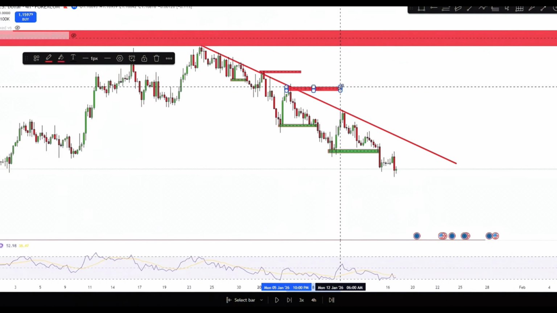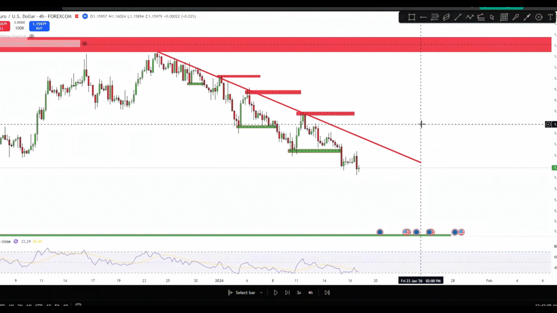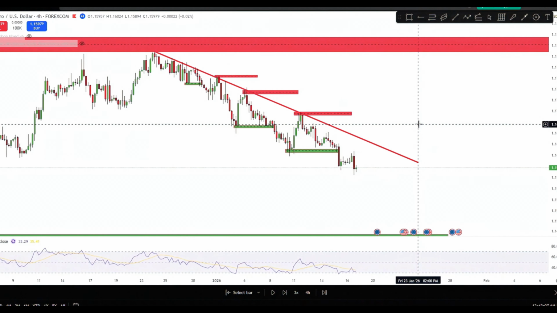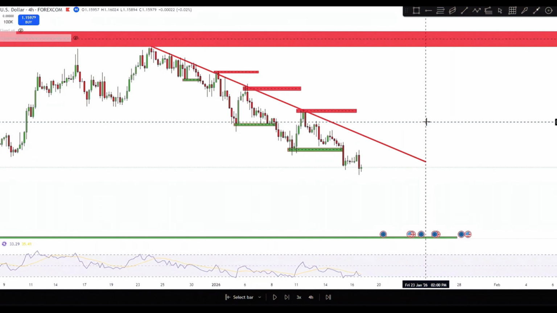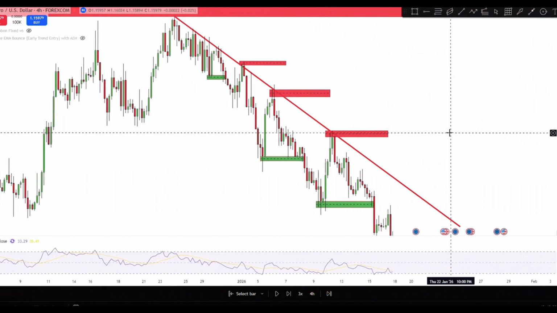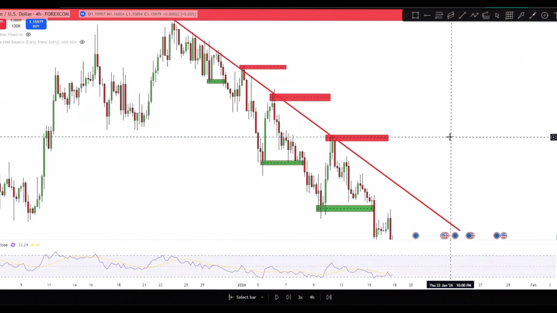So as you can see clear as day, we are experiencing that downtrend. This is good. So we're gonna add that to our notes.